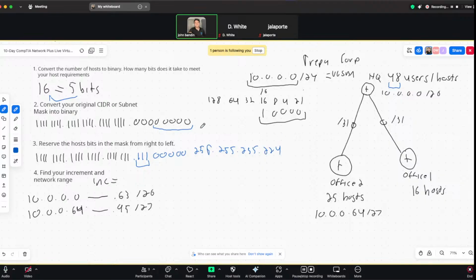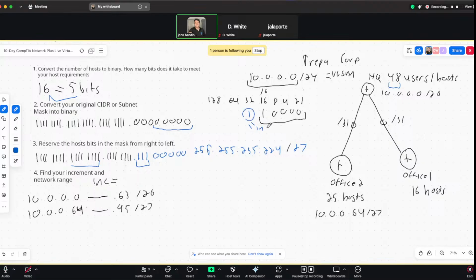255.255.255.224. And then the CIDR notation or the slash notation is how many network bits we have. So that's 8, 16, 24. Oh, I'm missing one in there. Hold on. 24, 25, 26, 27. /27. Now, our last network bit in our subnet mask, I line that up to my chart.